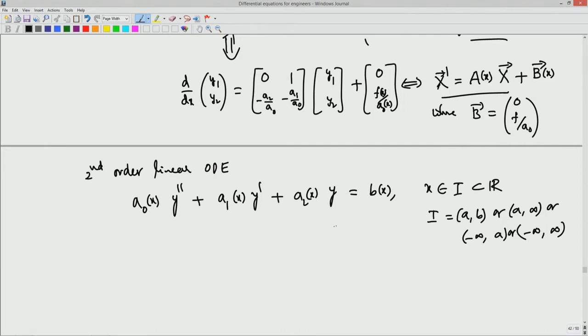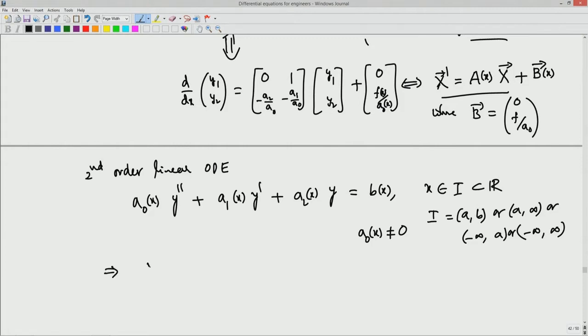Since we have seen that the coefficient of the highest derivative should not be 0, a naught of x should not be 0. That means the domain should have all the values for which a naught of x is non-zero.